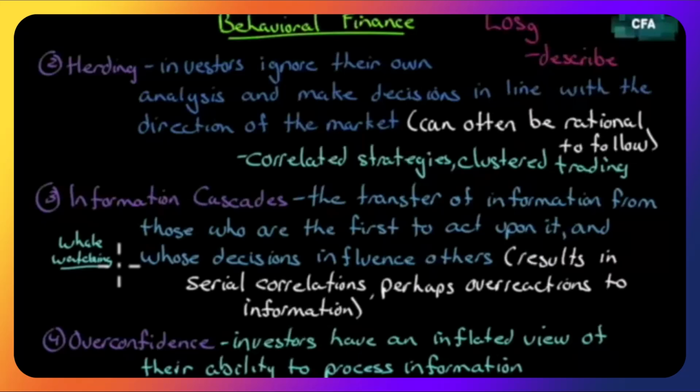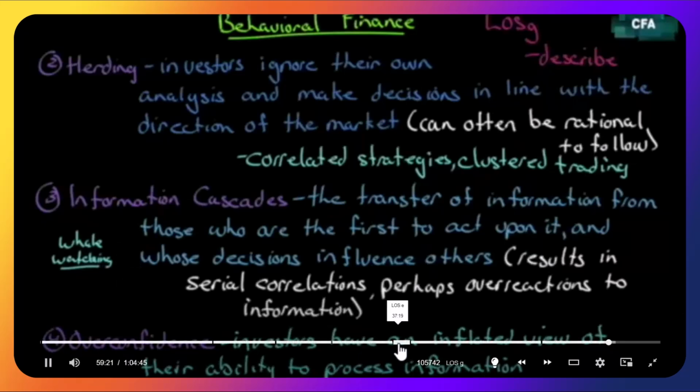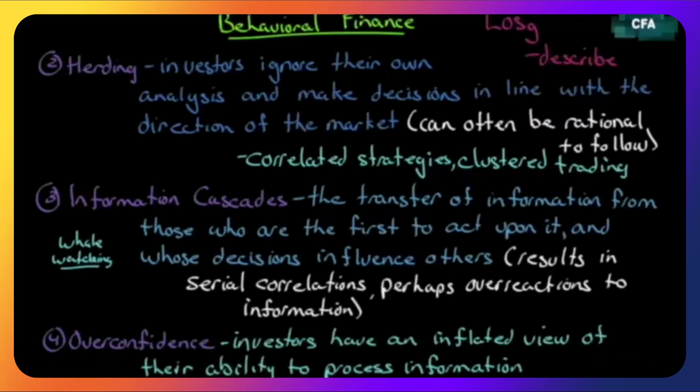They release some forms on the SEC site saying that they now own a position in this or that, and suddenly the stock gets a pop. Why? Because everyone else gets in on it. They follow the leader. They say, well, if that guy's buying, he probably knows something, so I'm just going to go with it. So that's called an information cascade.